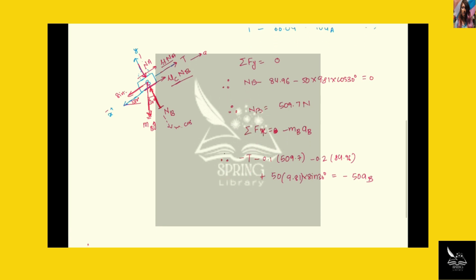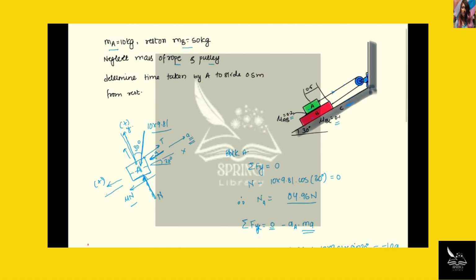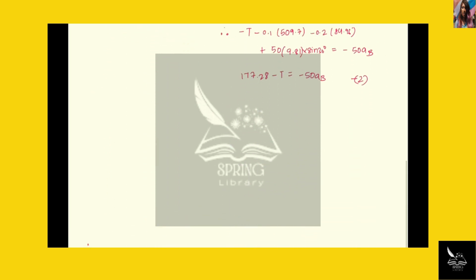On simplifying this we get our equation as 177.28 minus T is minus 50 AB. Let this be equation 2. Now we also know, if we see, let's assume this is the length of the string SA and the length of string SB. The total length of string will be constant, which is SA plus SB.